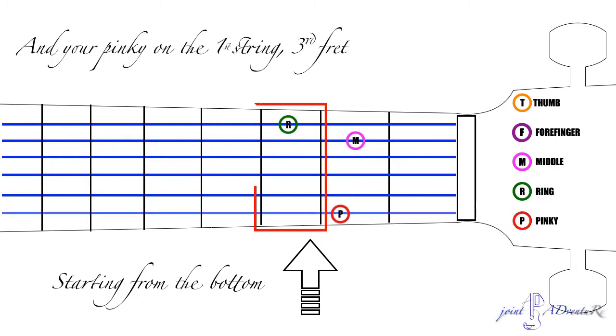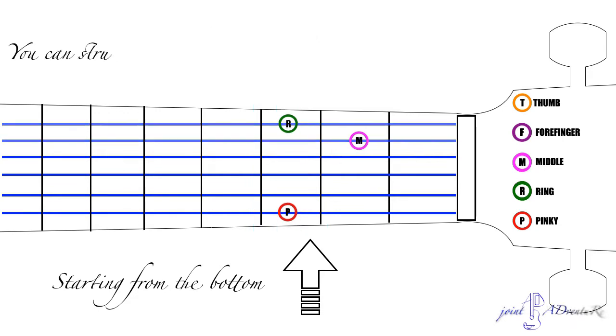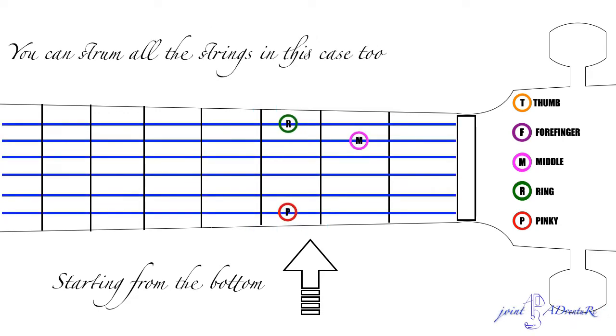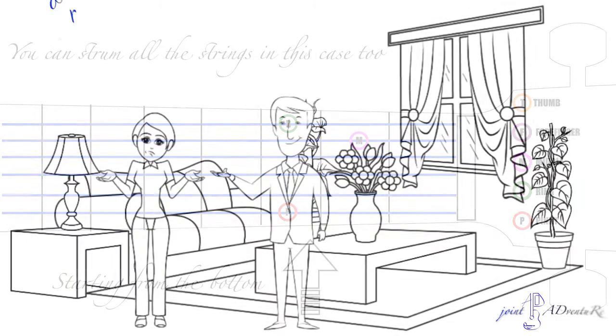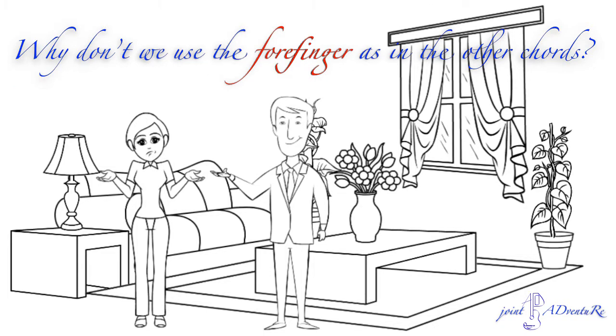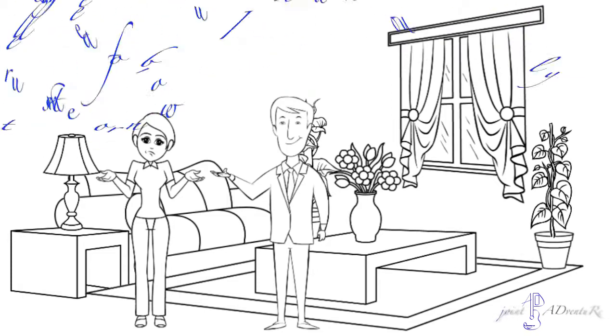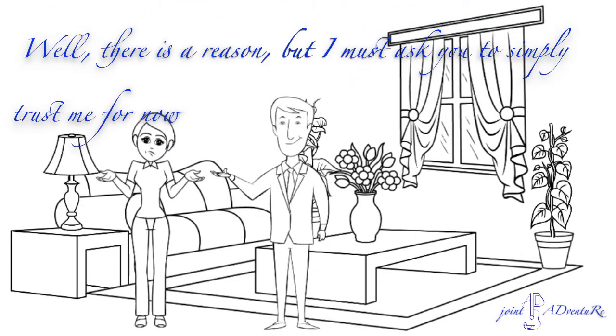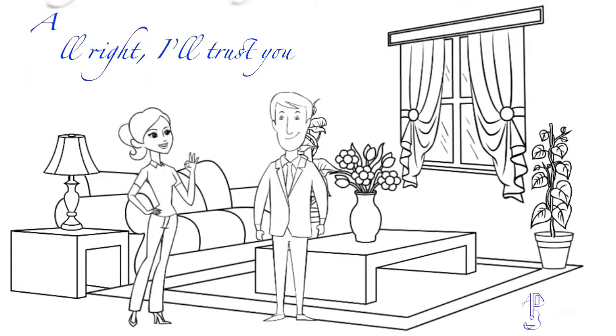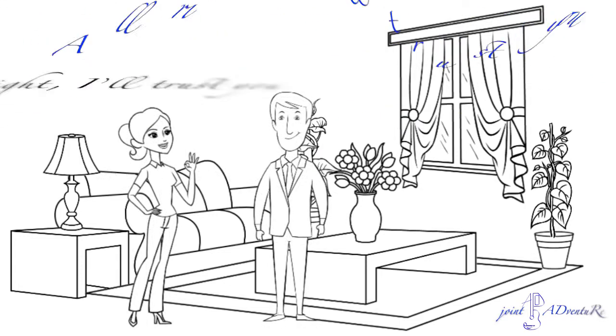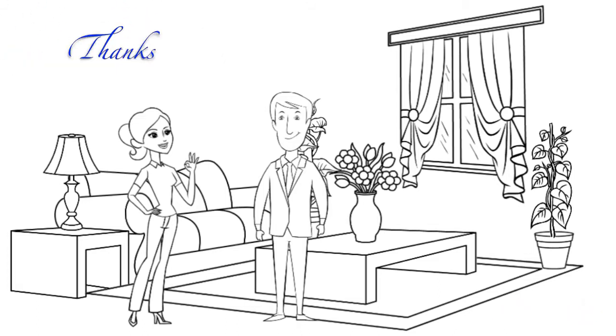And your pinky on the first string, third fret. You can strum all the strings in this case too. Why don't we use the forefinger as in the other chords? Well, there is a reason, but I must ask you to simply trust me for now. Alright, I trust you. Thanks.